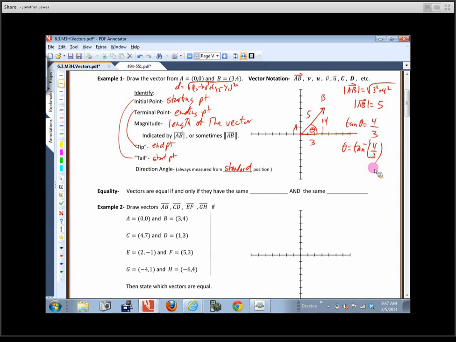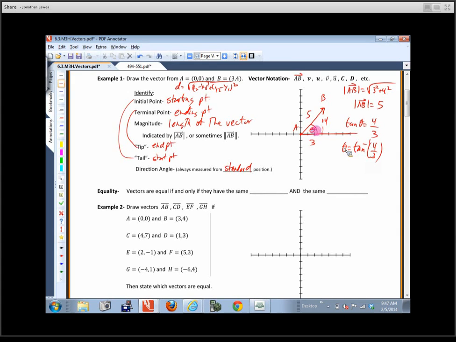Am I expecting an angle that's bigger than 45 or less than 45? Some of you already have the answer. It should be pretty easy now. The answer's bigger. Can somebody tell me why we expect it to be bigger?